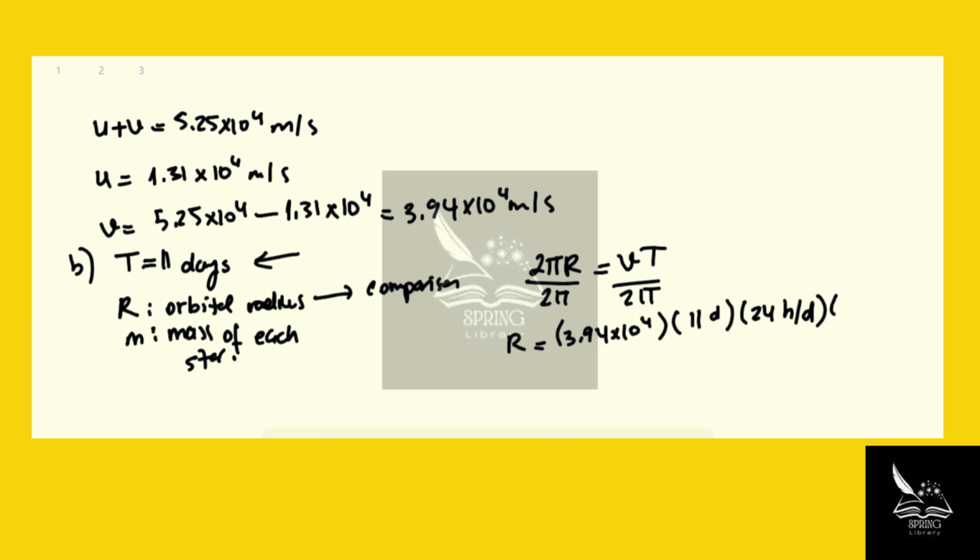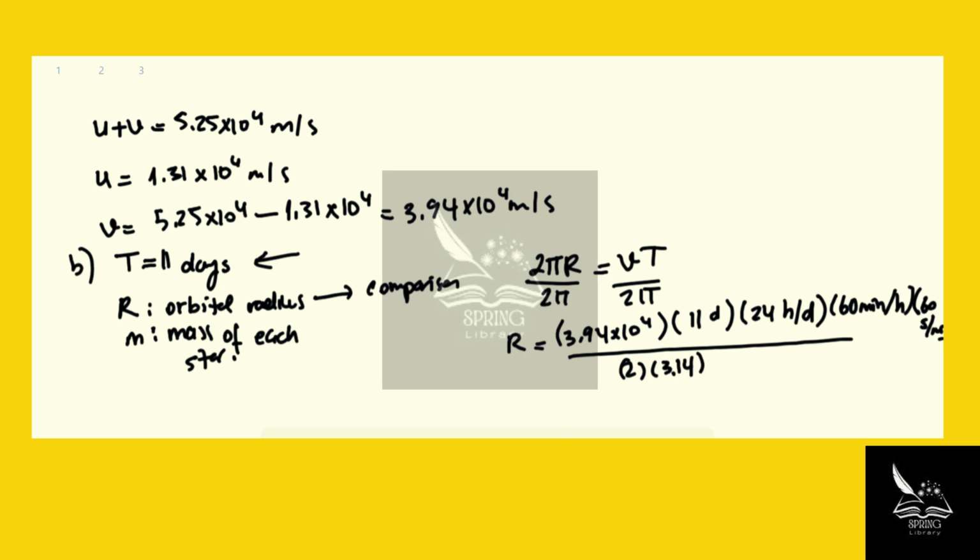And then we have 60 minutes per hour times 60 seconds per minute, divided by 2 times 3.14.